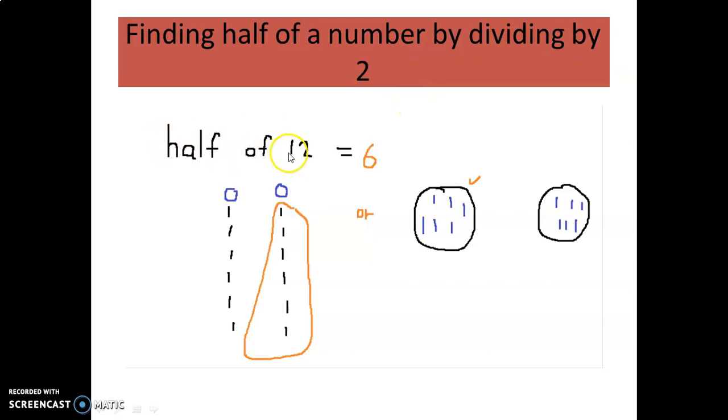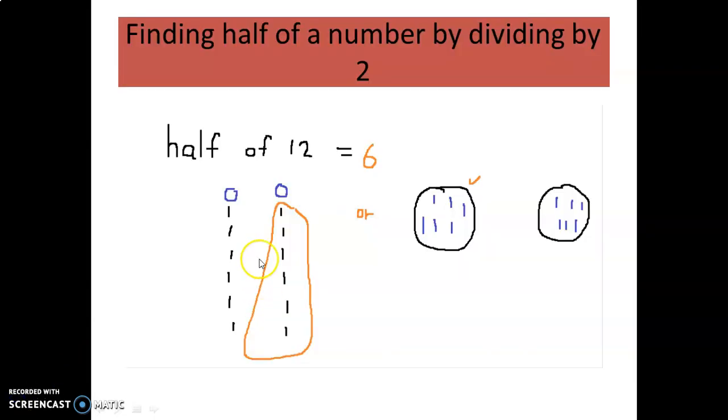So what is half of 12? You are going to find your space, draw 2 balls, 1, 2. Then you share up to 12: 1, 2, 3, 4, 5, 6, 7, 8, 9, 10, 11, 12.